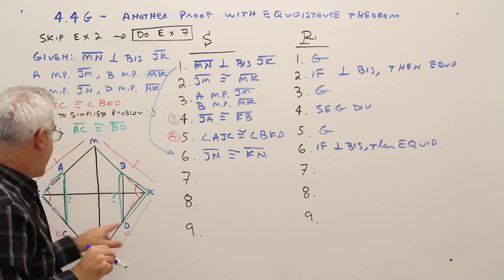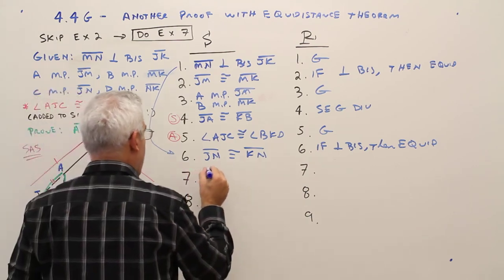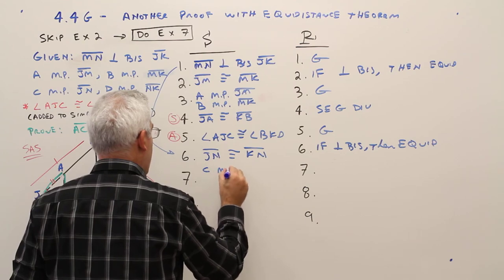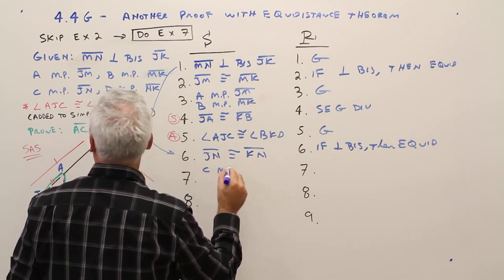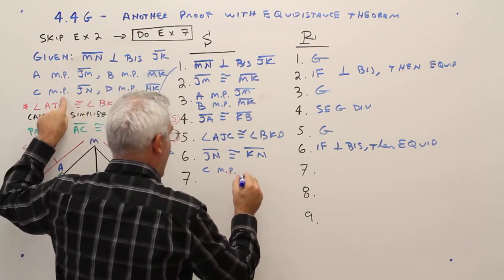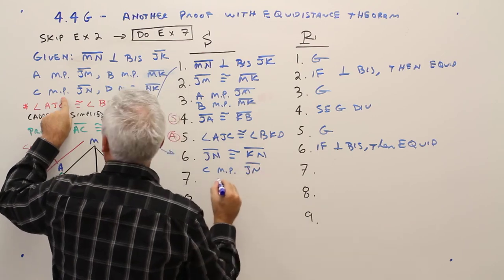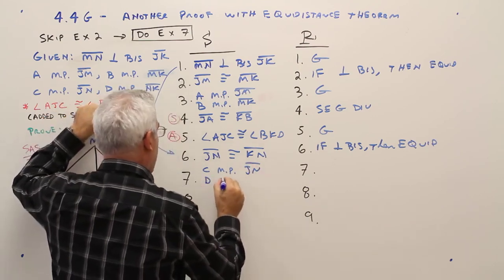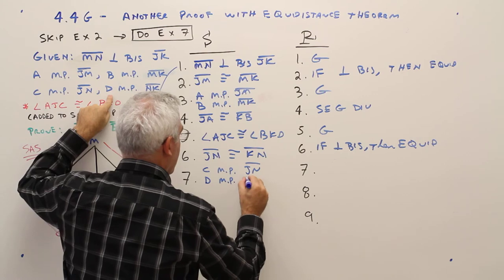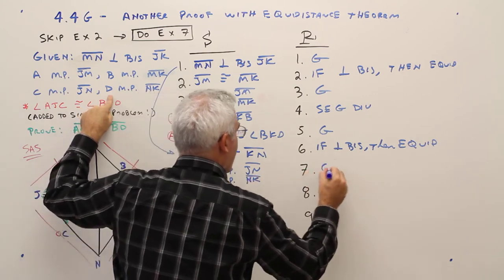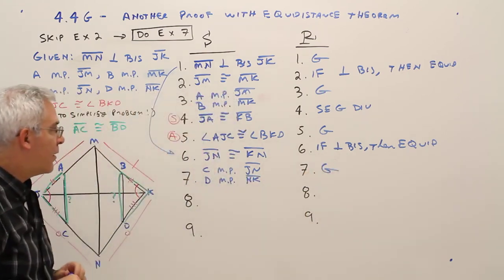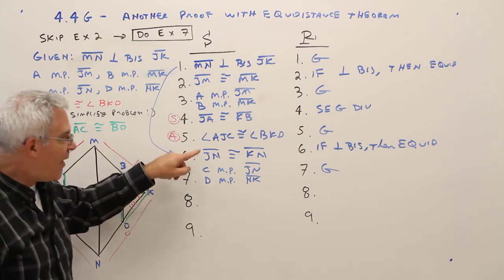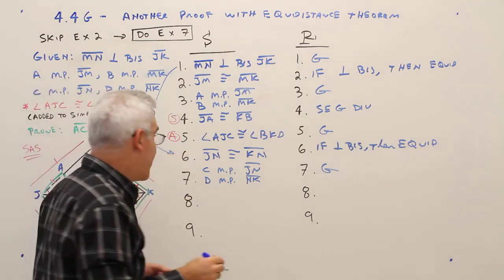Okay, then I'm going to say those midpoints. C was a midpoint of JN, and D was a midpoint of NK. That was given. So now I've got the big things chopped in half. Again, I've got segment division.